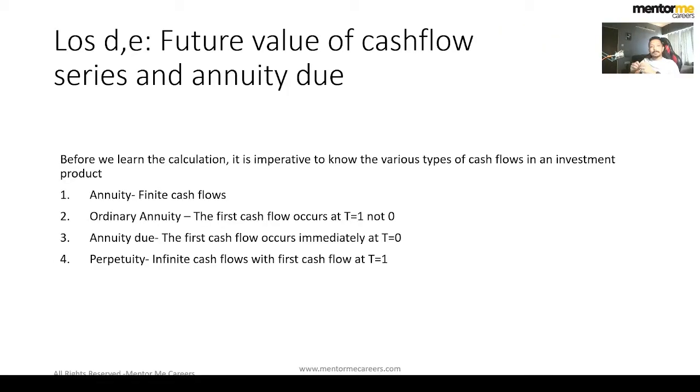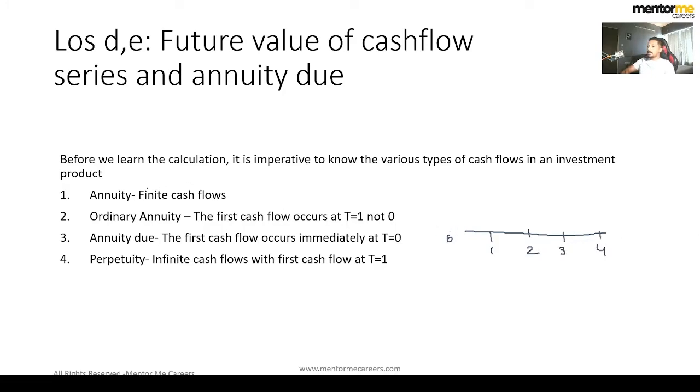Now, whenever we are talking about series of cash flows, there are some terminologies which the CFA curriculum has taken, which are better understood in a timeline rather than just looking at these definitions. So if I just draw a timeline, let's say this is 0, this is 1, this is 2, and I'm just gonna stick to some basic numbers here, right?